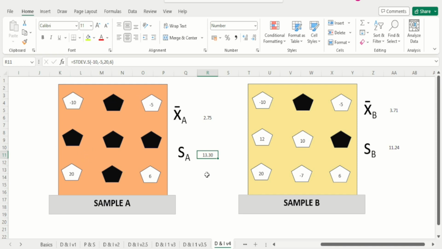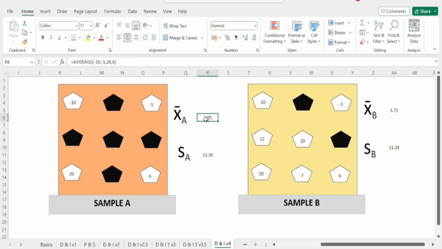So this is a very important distinction which can sometimes get missed. Remember that this number here is not to describe your sample. This number is an estimate of the standard deviation of the entire population of 9 points. All right, the same thing is true here, even though the formula is not any different.